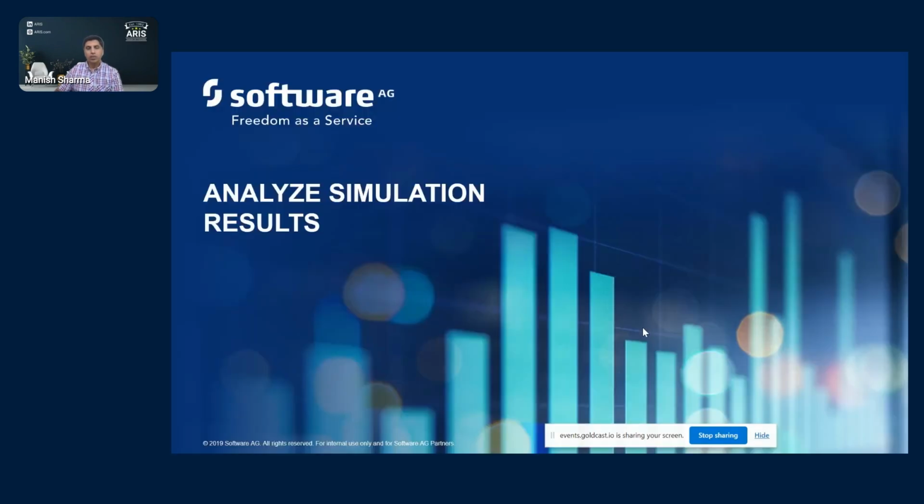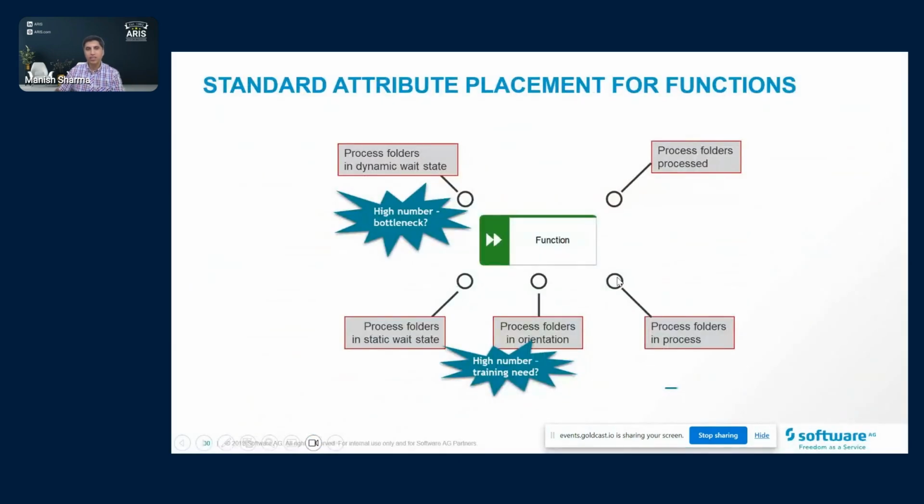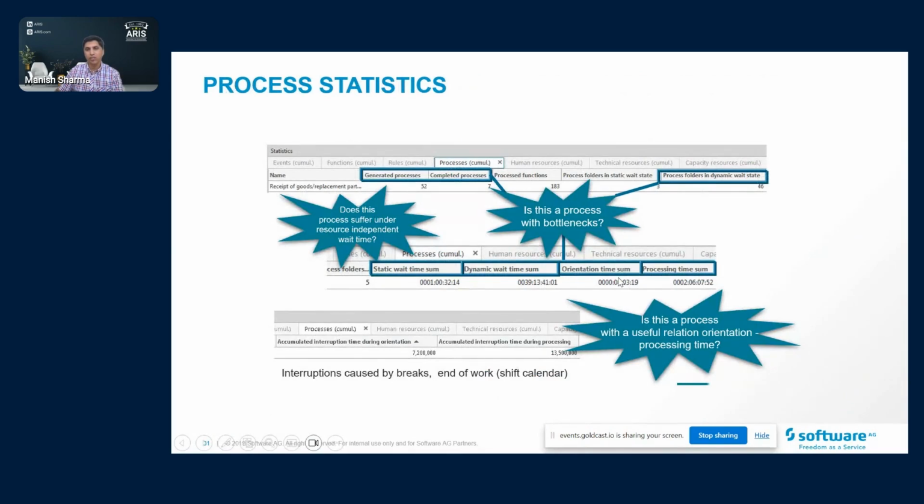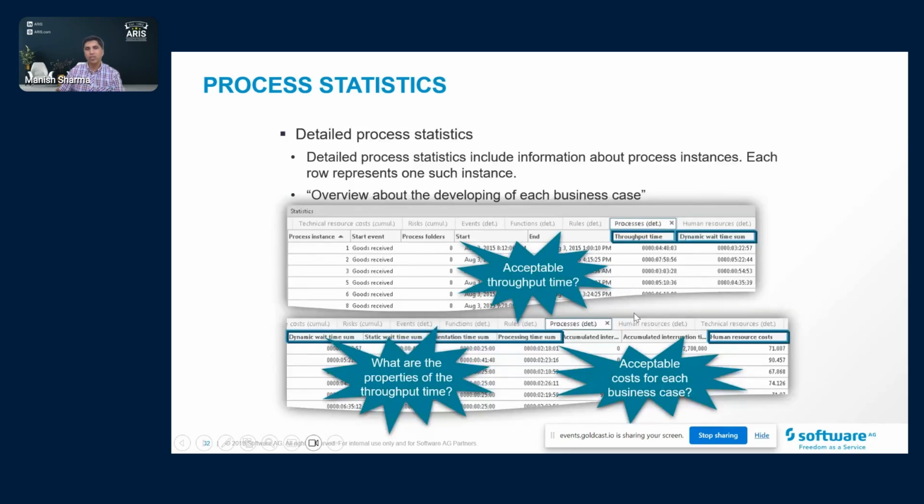Okay, so that was about the simulation run. What you get out of the analysis, there's lots you get from there. It gives you information about process bottlenecks, the resource dependency. It gives you information about the throughput time. Is that sufficient, or should you actually be looking at optimizing the process to reduce the throughput time?